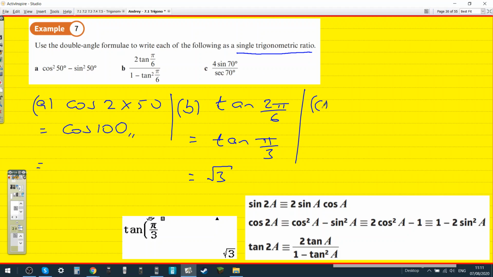C. So that'll be 4 sine 70 over 1 over cos 70.